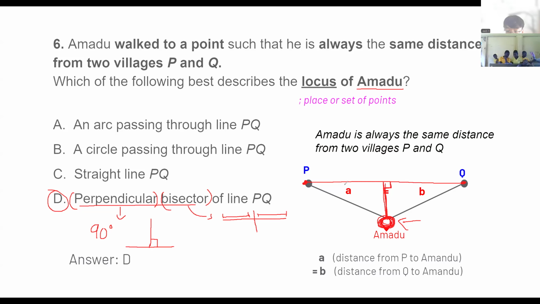That's a bisector. So where Amadou is, is called a perpendicular bisector.